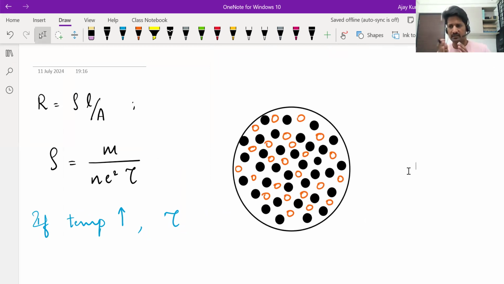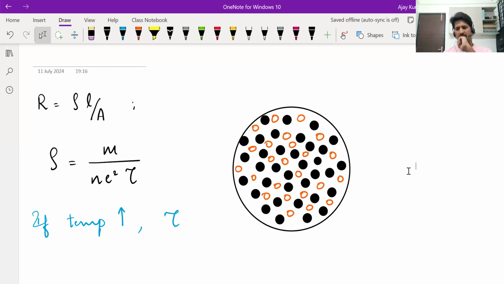And if they move faster, they'll cover the distance between two atoms quickly. That's okay. But if you raise the temperature, the material also expands. If material expands, the distance between the atoms will also increase, no? So basically what is happening, because of the temperature rise, the free space in the material increases and the speed of the electron increases.